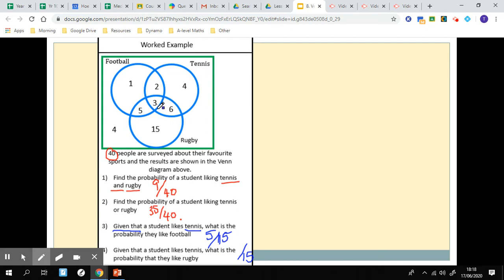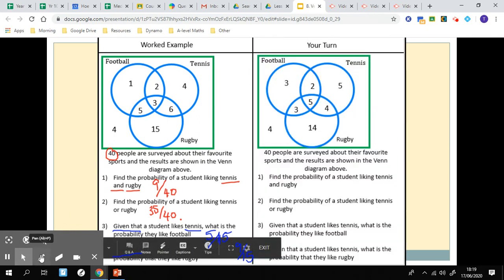How many of those people like rugby? Well, 6 add 3 is 9. So 9 of the 15 people that like tennis also like rugby. Hopefully that given part makes sense. It just alters what you're considering. Okay, pause the video and see if you can replicate that with this question.